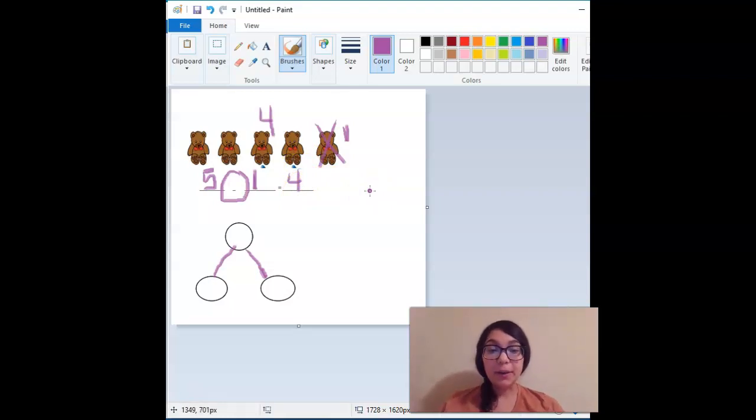When we're filling out a number bond for our minus problems, our whole or our first number in the number sentence goes first. So before we started off, what was our whole? Yes, it was 5. We had 5 bears all together.